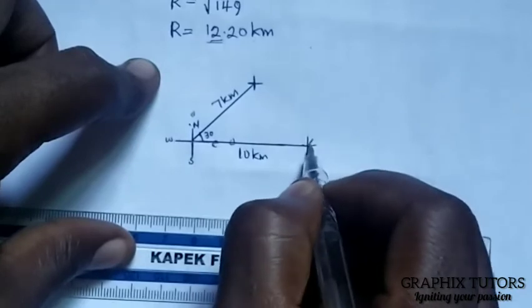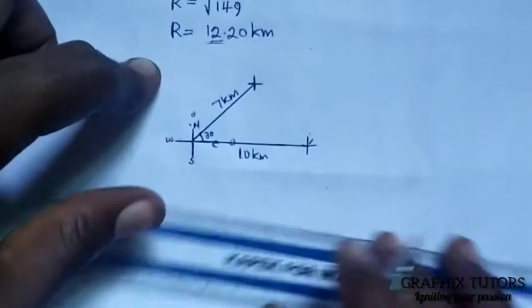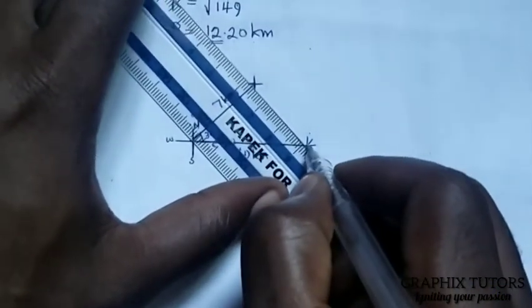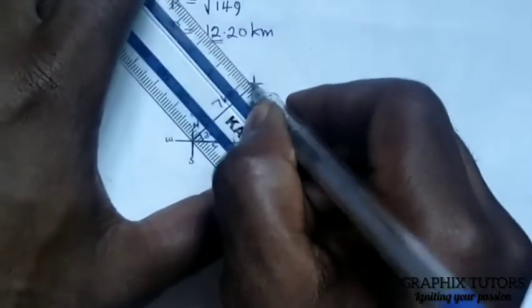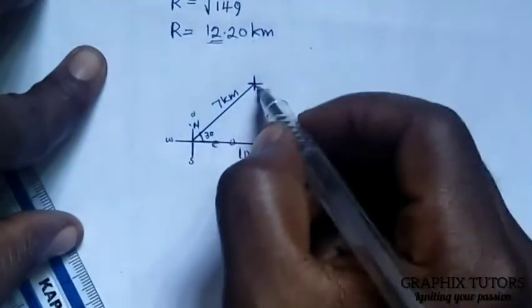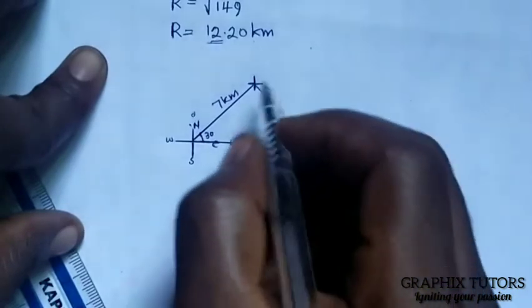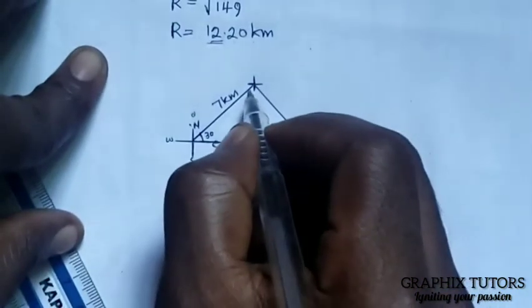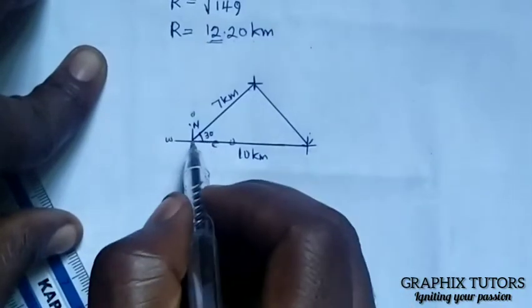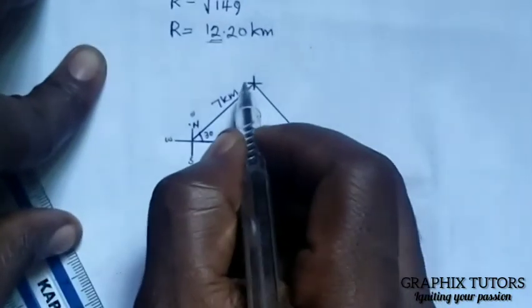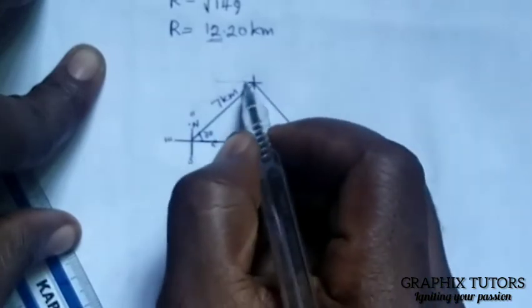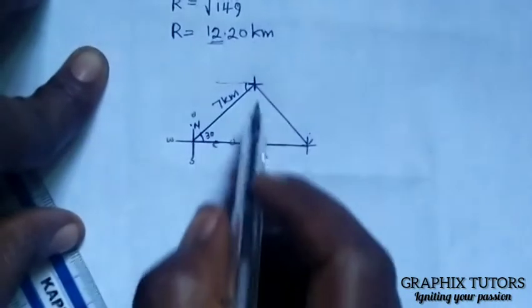Now one thing you need to know is that I'm going to be connecting this and this, right? If you look at it very well, this is 30 and this will be forming my 90 degrees. If this is 30, if I complete this, this will be an alternate angle.